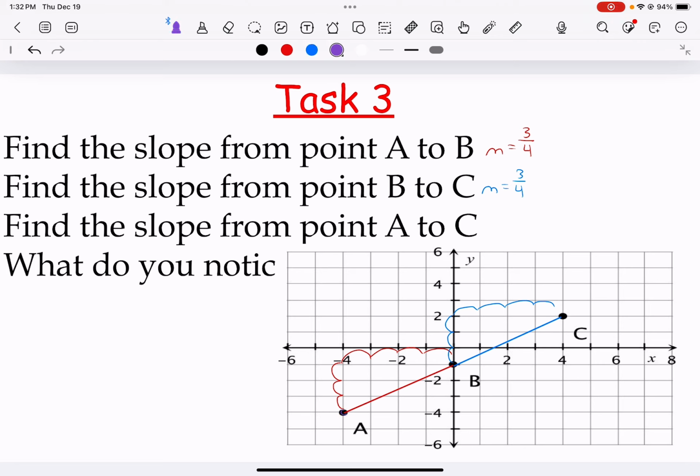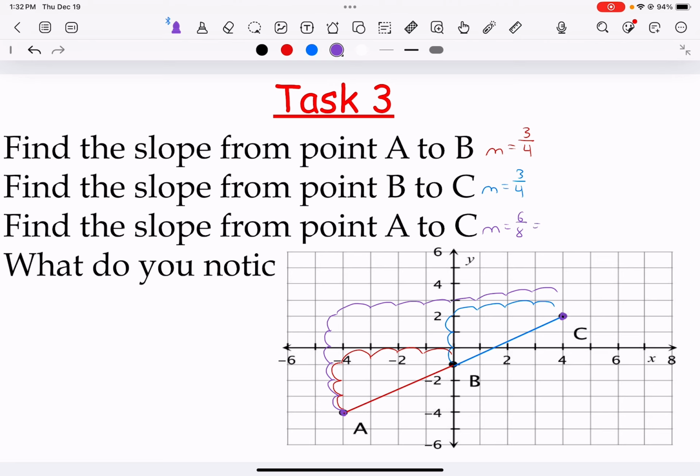And now I'm going to find my slope from A to C. It's also positive because it's going up from left to right. So I go up 1, 2, 3, 4, 5, 6. And then my run is 1, 2, 3, 4, 5, 6, 7, 8.